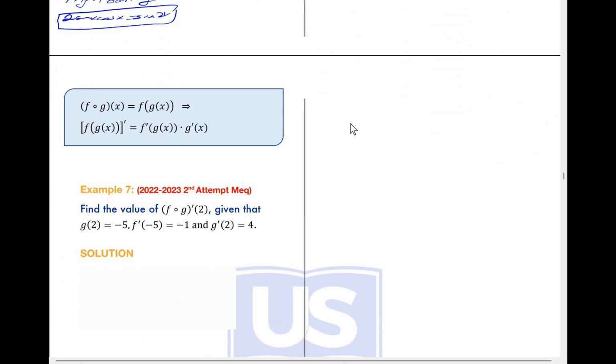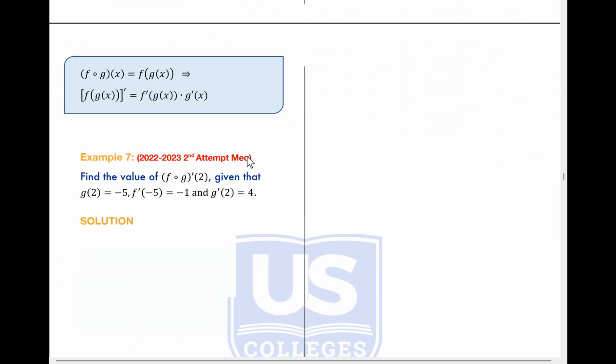What if we have a composition? What happens if there's a composition? Let's say we have f composed with g of x, f of g of x. How do I take derivative of f of g of x? Consider this composition like f of u. What is the derivative of f of u? It's derivative of f, right?